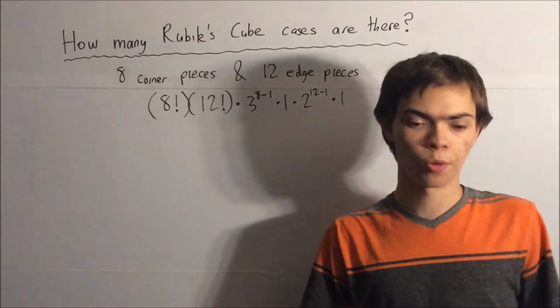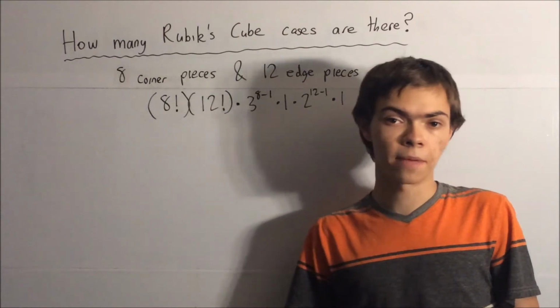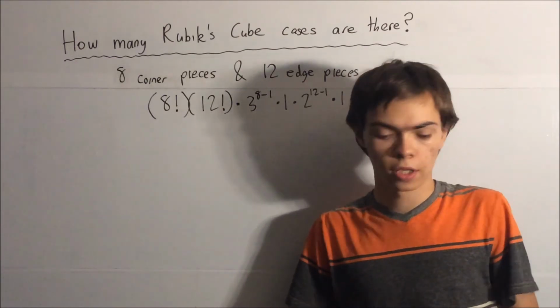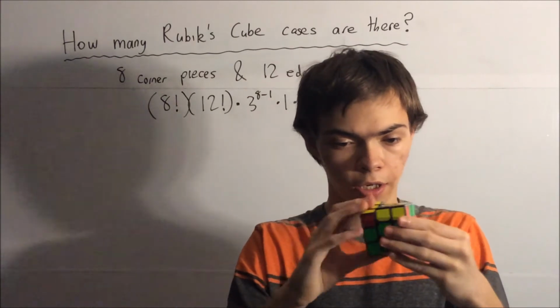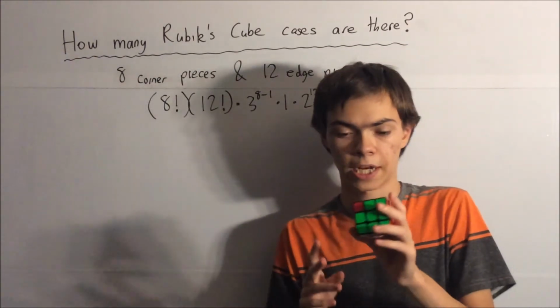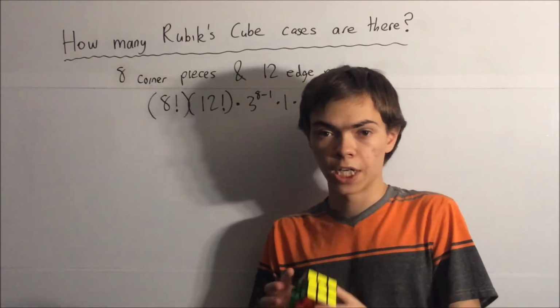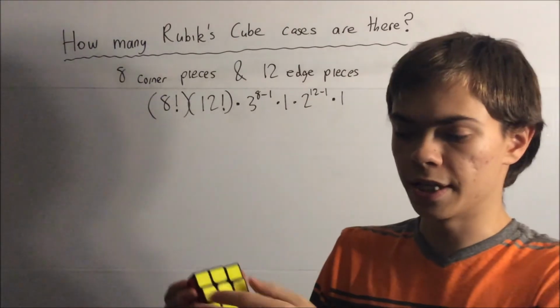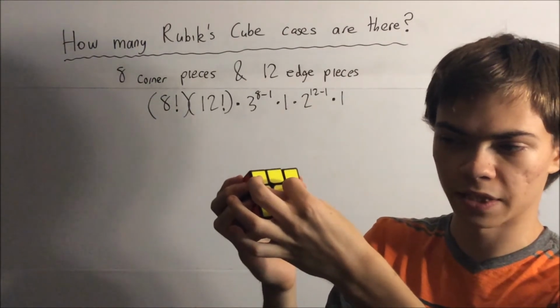Now, the way that I'm going to approach this is I'm going to introduce the idea of something known as a swap. Now, I'm going to start by first creating this case. This is actually one of the cases that exists in blindfolded Rubik's Cube solving, in which the goal is to simply swap out these two edge pieces.